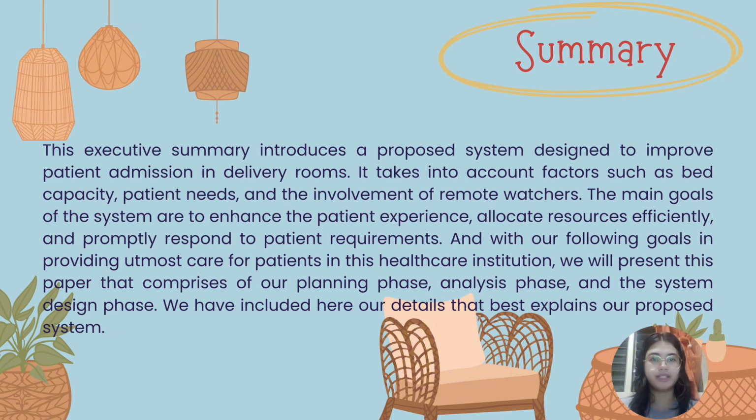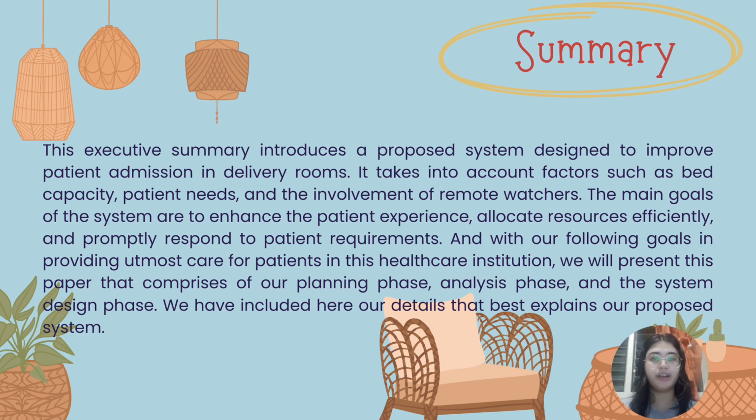The main goals of the system are to enhance the patient experience, allocate resources efficiently, and promptly respond to the patient's requirements. And with our following goals in providing utmost care for patients in this healthcare institution, we will present this paper that comprises our planning phase, analysis phase, and the system design phase.